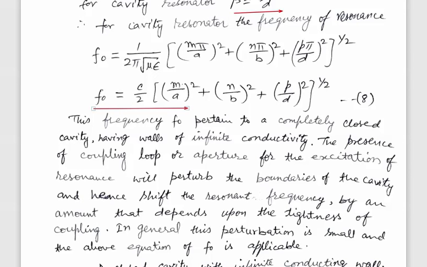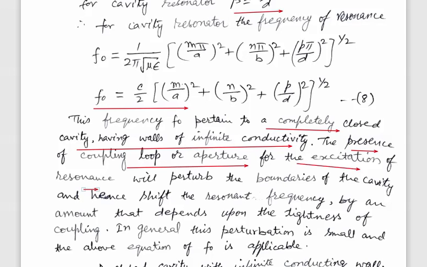This frequency f0 pertains to a completely closed cavity having walls of infinite conductivity. The presence of the coupling loop or aperture, which is used for the excitation of the resonance, may perturb the boundaries of the cavity and hence shift the resonant frequency by an amount that depends upon the tightness of the coupling.